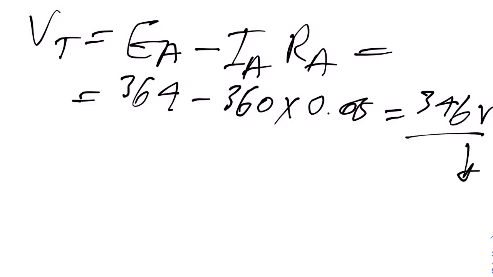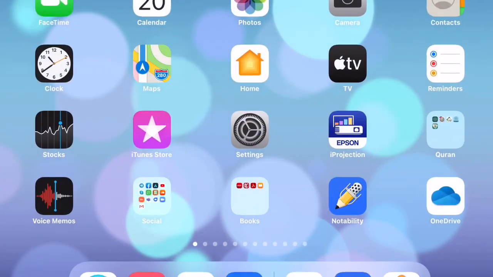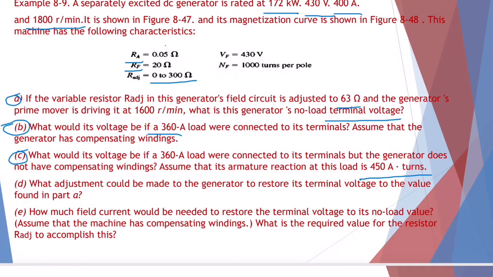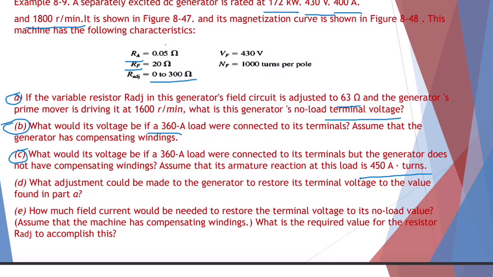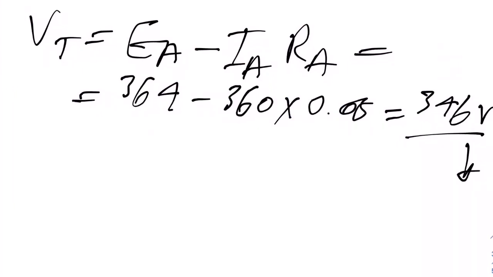Now D. What adjustment could be made to the generator to restore its terminal voltage to the value found in part A? So the voltage at the terminals of the generator has fallen. To restore it to its original value, the voltage of the generator must be increased.